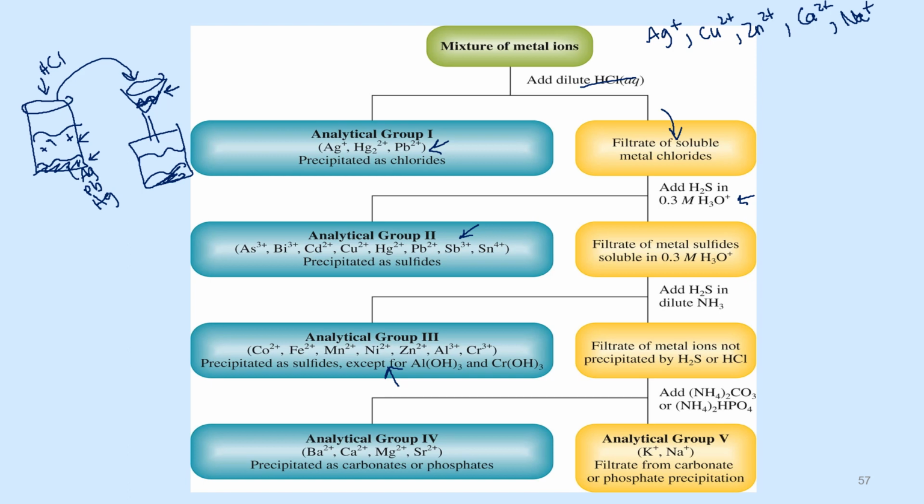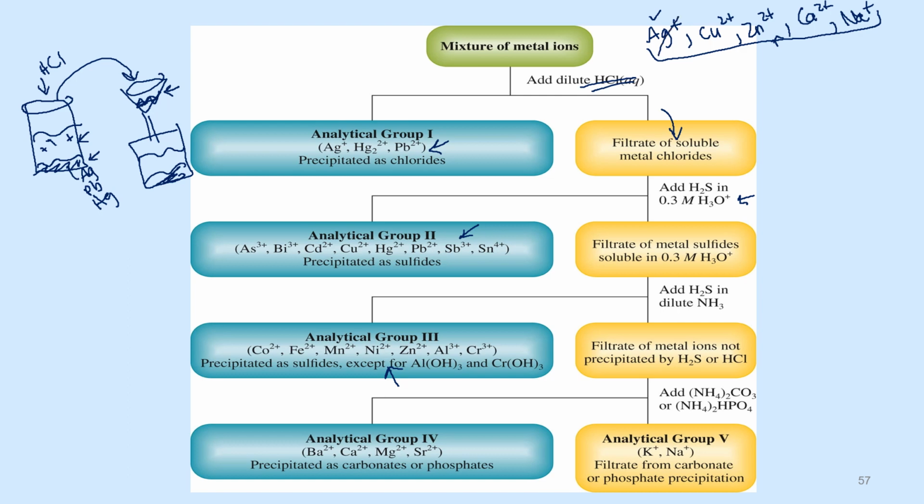You might have any or all of these ions present in solution, and nothing else. So what could you do? You take your solution and add a little bit of dilute HCl. If you get a precipitate, then you know silver's present. If you don't get a precipitate, then silver's not there.